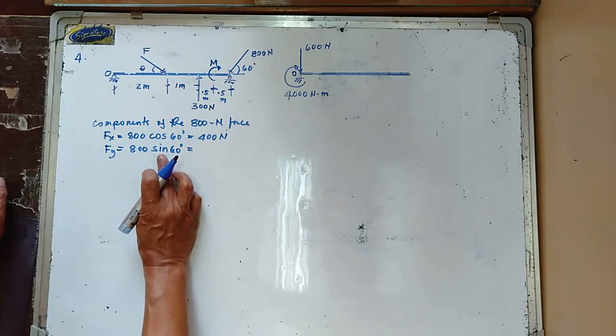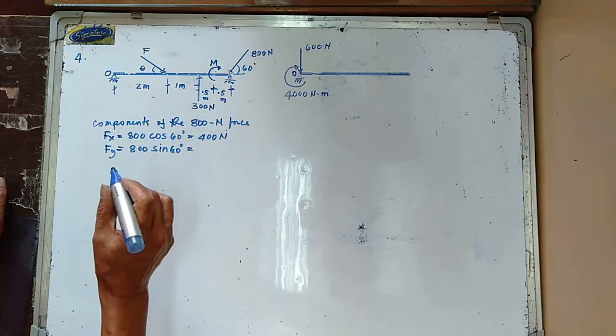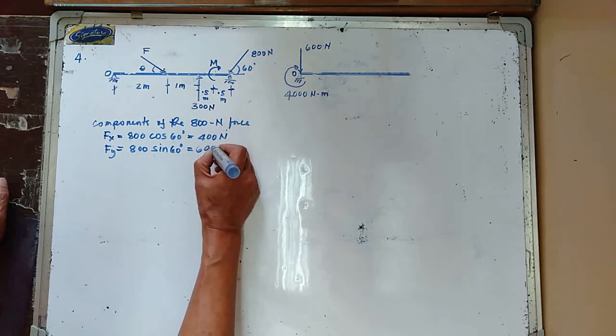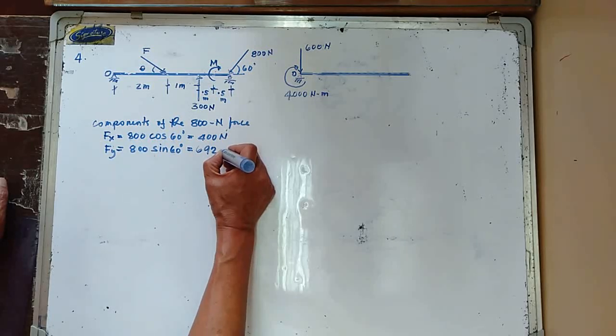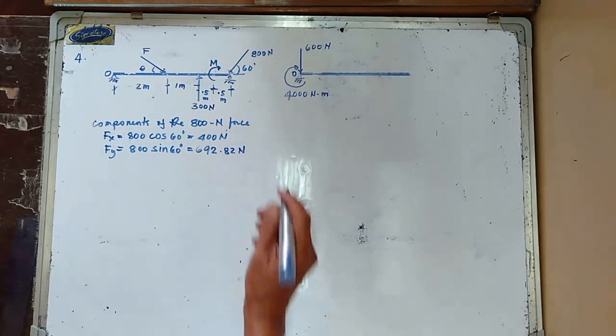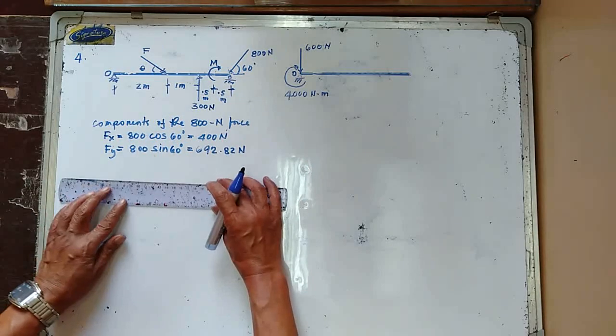And Fy is 800 sine of 60, which is 692.82 newtons.